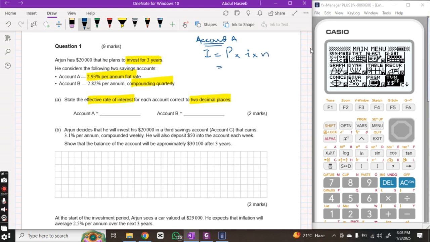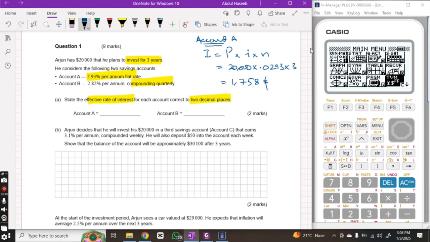So P is $20,000, I in decimal is 0.0293 and N is 3 years. So the interest comes out to $1,758. So this is the interest that Arjun will receive in 3 years if he invests in account A.